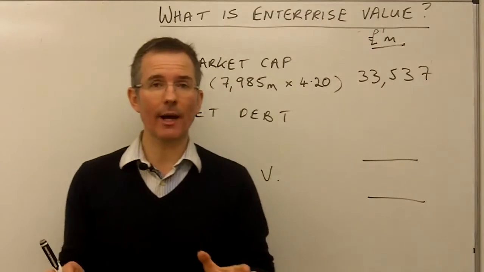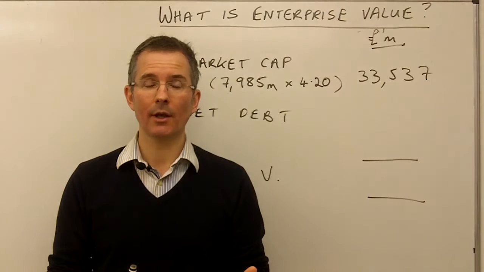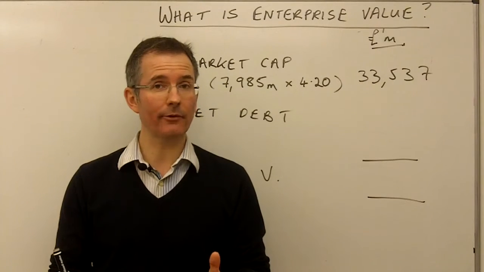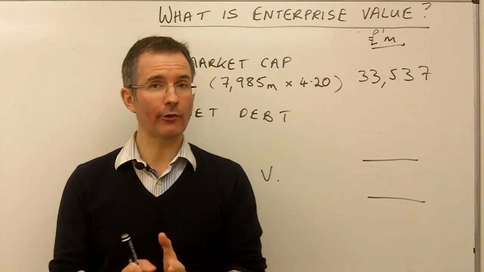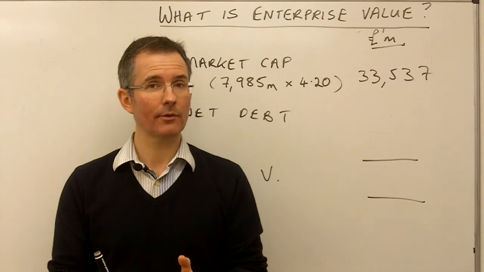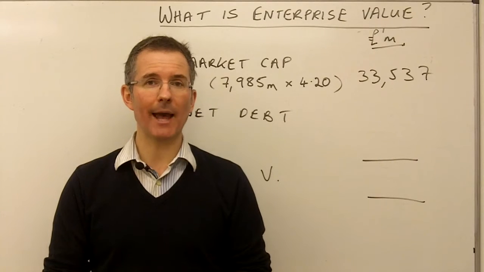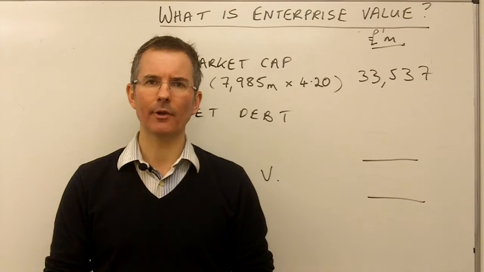If I said to you, how's your house been paid for? And you said, well, the house is worth 200,000. And I say, well, yeah, but how is it financed? And you say, well, actually, with a loan, a mortgage, and that's also 200,000. I would say your debt is 200,000. Then I ask you if you've got any cash in the bank. And you say, actually, yeah, I've got £10,000 in a savings account.